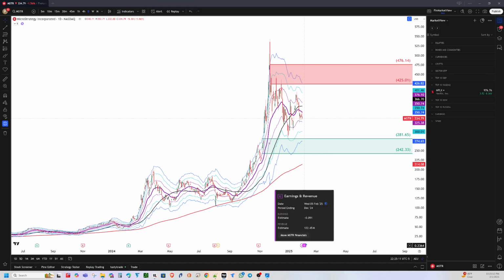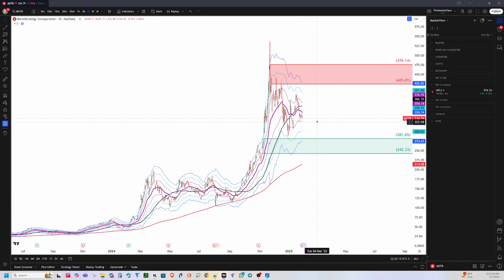Their earnings are on February 5th. I am bullish on this stock, but I don't want it right now. I'll wait for it to gap down to this area, then look for long-term 275 deep in the money calls, like 90 days or 180 days expiration, to drive back to at least the 375, 400ish area. So that's what I'm looking at. MSTR is a buy zone.